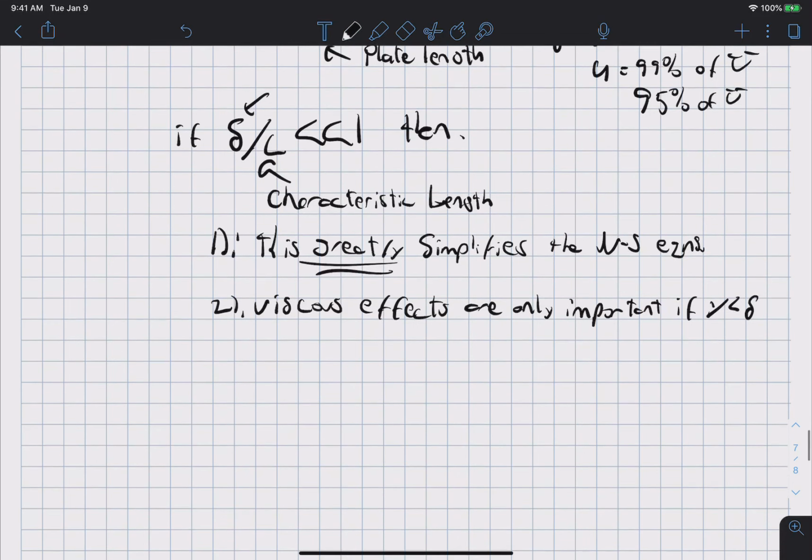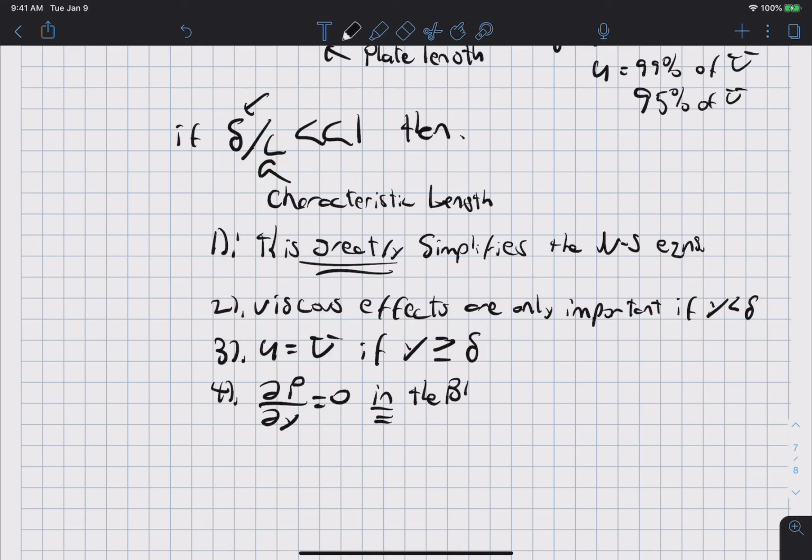Okay, and 3, at least for the flat plate, the x component of the velocity equals the free stream velocity if y is greater than or equal to delta. Okay? And a consequence, if you work through the Navier-Stokes equations, you find that partial p, partial y, equals 0 in the boundary layer.